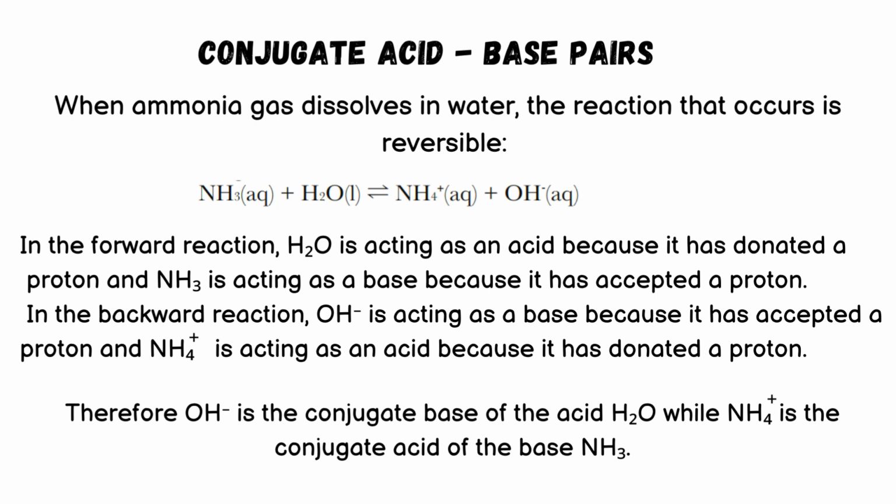In the backward reaction, OH- is acting as a base because it has accepted a proton, and ammonium ion is acting as an acid because it has donated a proton. Therefore, OH- is the conjugate base of the acid water, while NH4+ is the conjugate acid of the base NH3.